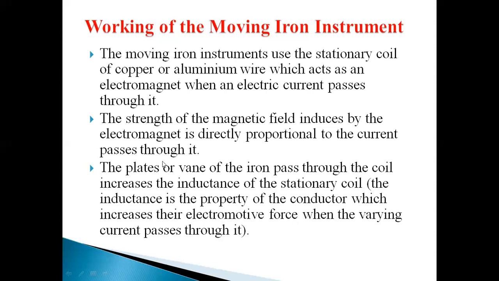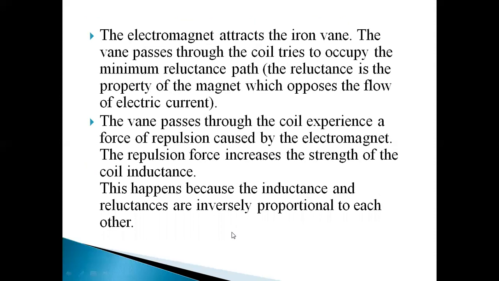So here the plates or vein of the iron pass through the coil increases the inductance of the stationary coil. So this stationary coil is going to have some inductance. Since it is a coil, it is going to possess some property that is known as inductance. So here the inductance is the property of the conductor which increases their electromotive force when the varying current passes through it. Varying current is nothing but AC.